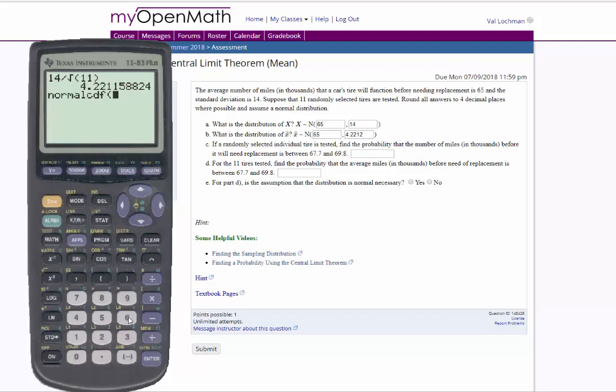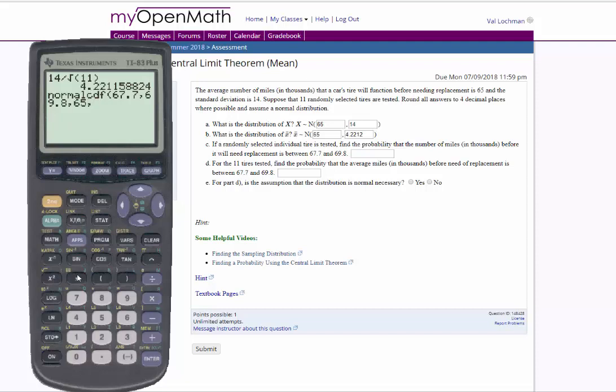So the lower limit is 67.7, upper limit 69.8. What is the mean? The mean is 65.